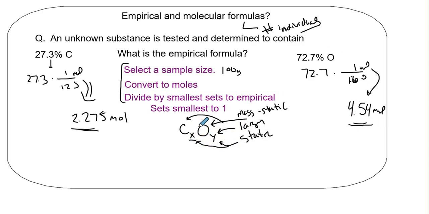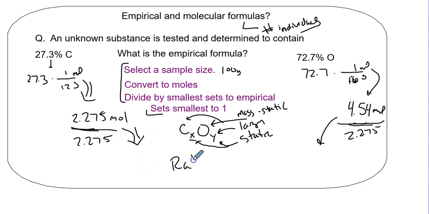Alright, so how do we do a better job of seeing this? Well, what we do is we divide by the smallest one. And what that does is it sets this one to 1: 2.275 divided by 2.275 equals 1. So this gives me my empirical ratio.